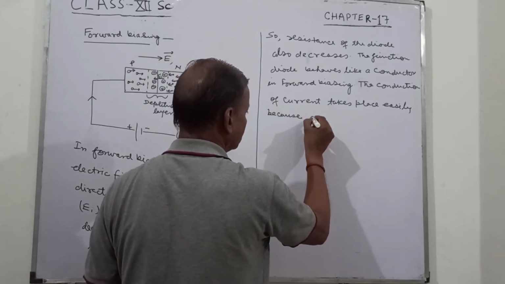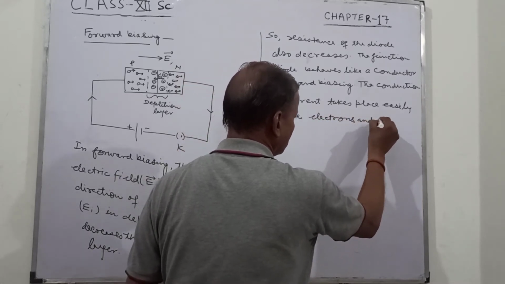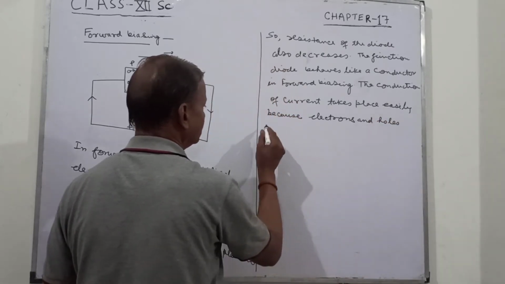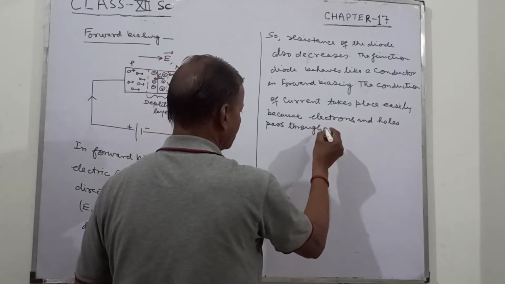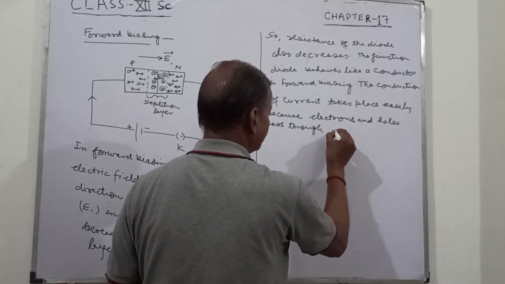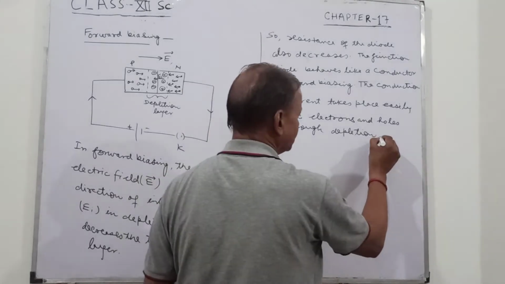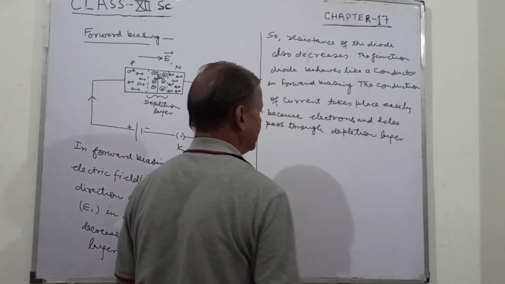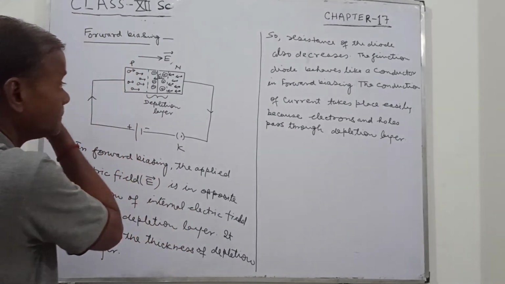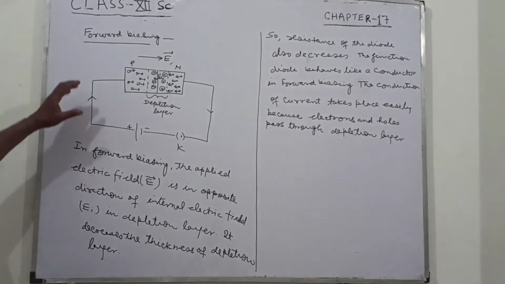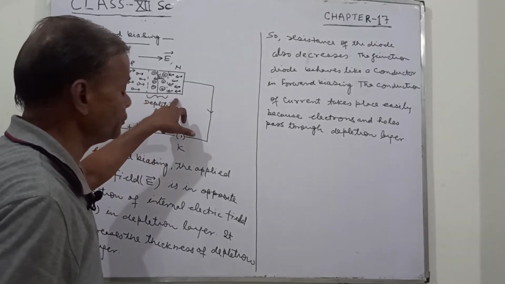Electrons and holes pass through the junction. So first the thickness of the depletion layer decreases, so the resistance also decreases.